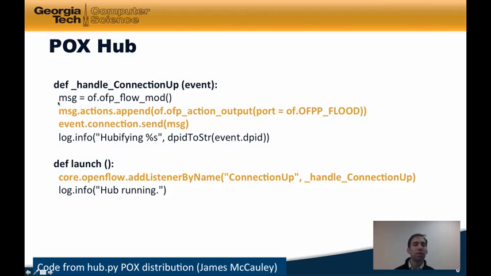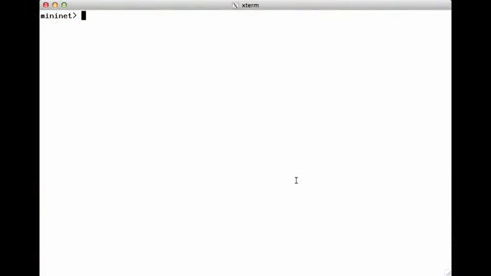So we first create the message, and in that message we append a specific action, which simply is to send the packet on all of the output ports. Once we've created that OpenFlow flow table modification message, we simply send that message to the switch on the connection that we have from the Open vSwitch.